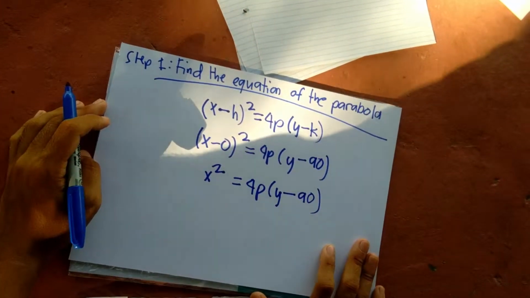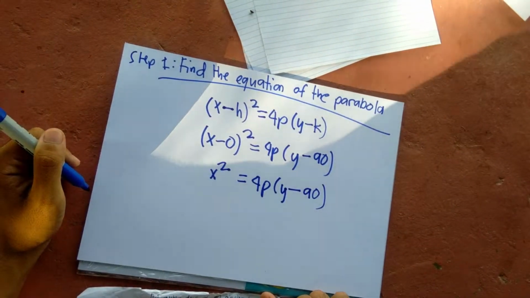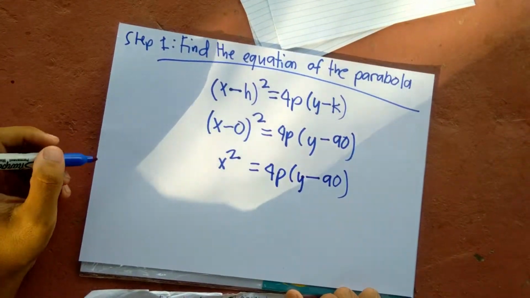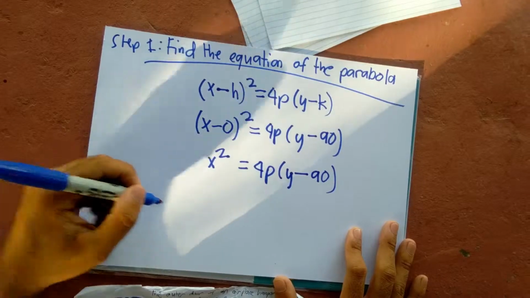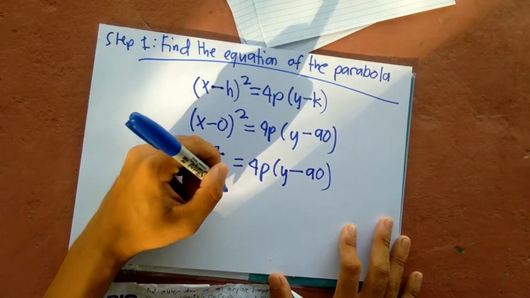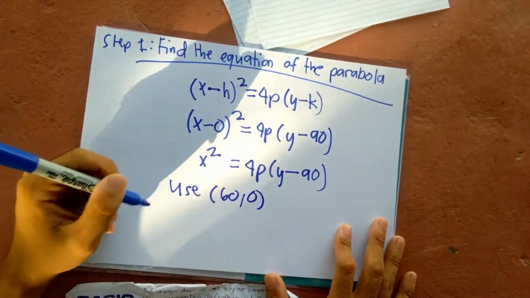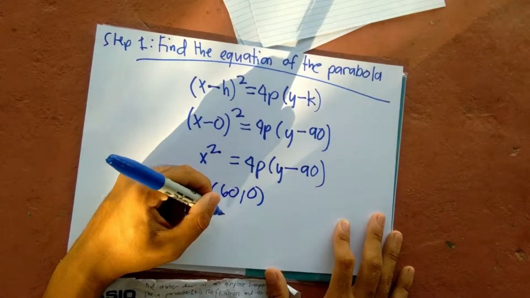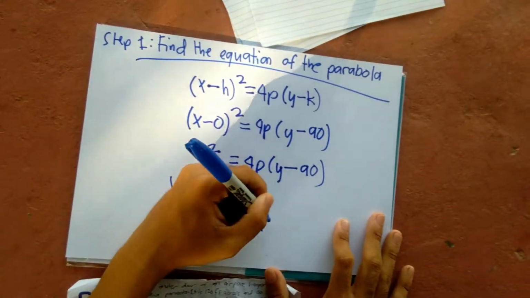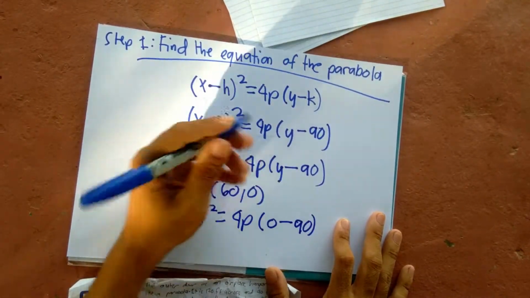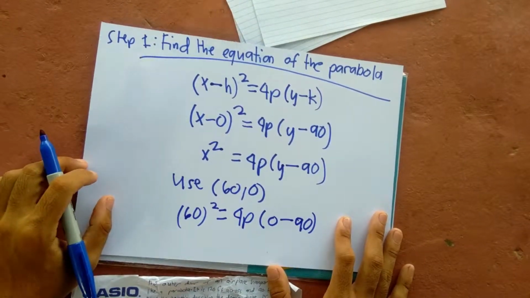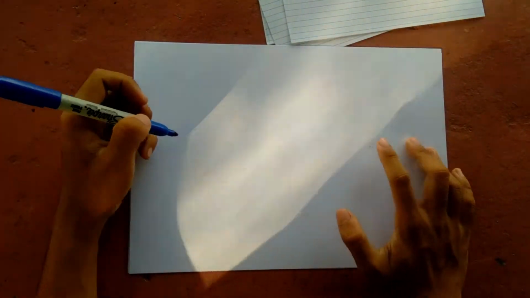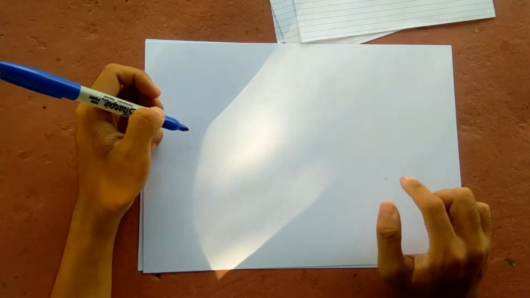Then we can use the point (60, 0) and substitute for x and y to look for the value of p. So we have 60^2 = 4p(0 - 90).